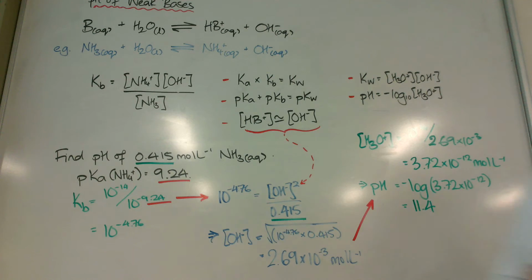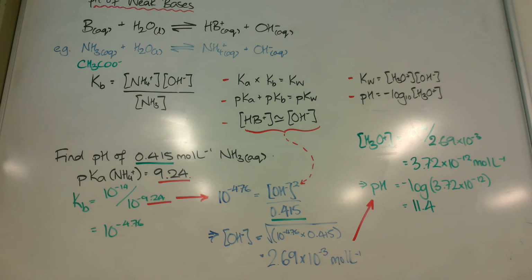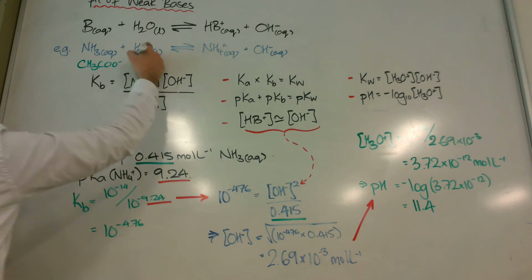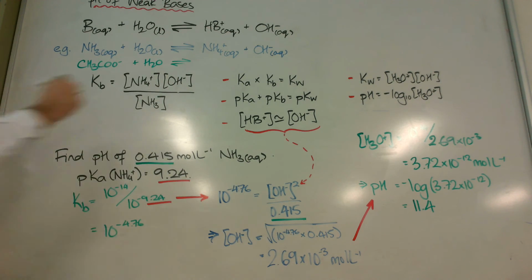You do, yeah. So let's say, I'll just quickly grab another pen. An example would be sodium ethanoate. And sodium ethanoate has the ethanoate ion in it. So I'm not going to do states of matter just for pace. If I react that with water, the water loses hydrogen to make ethanoic acid.